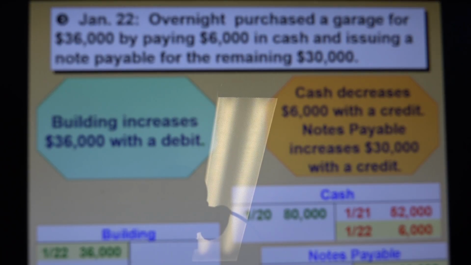We purchase a garage for $36,000 by paying $6,000 in cash and issuing a note payable for the remaining $30,000. We create a ledger account called building and we debit that account. We credit cash, so we reduce cash by another $6,000, and we create another liability account called notes payable and credit that, so that increases that account.